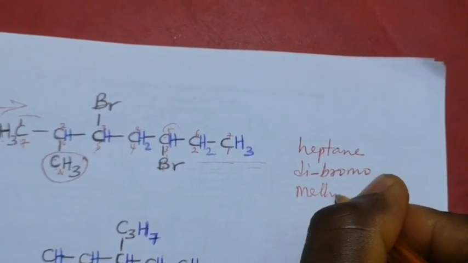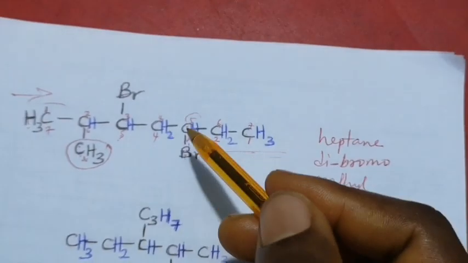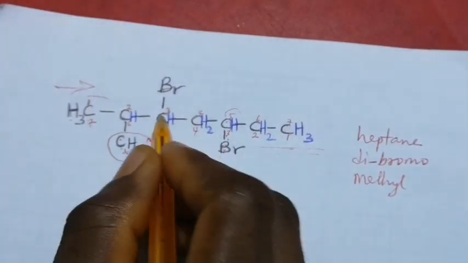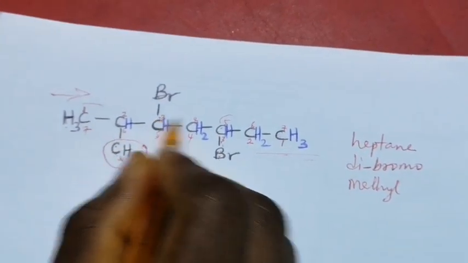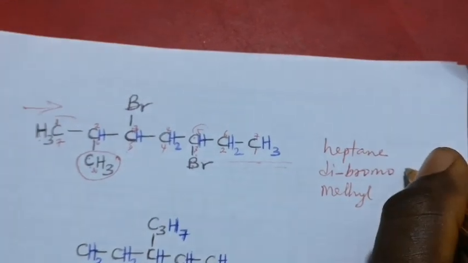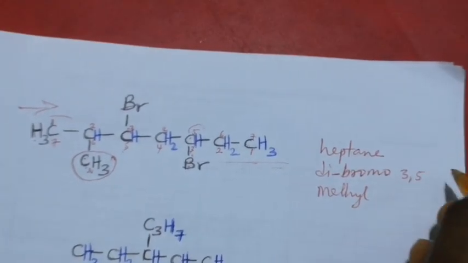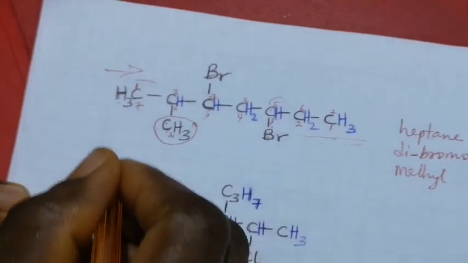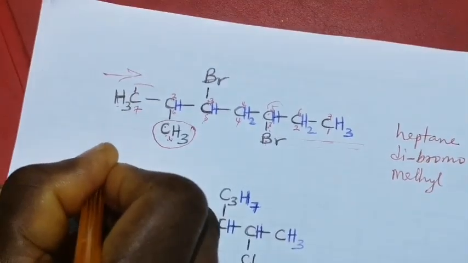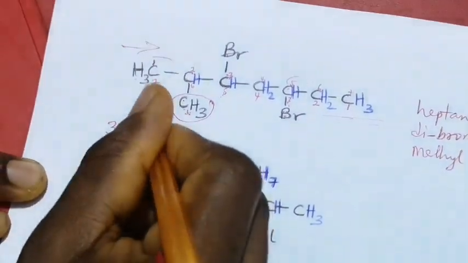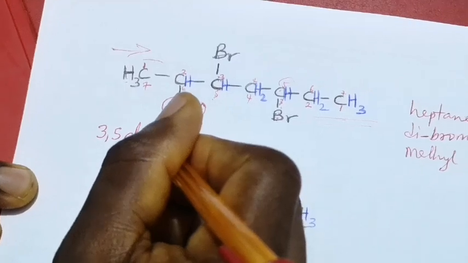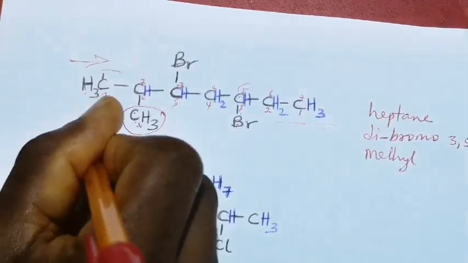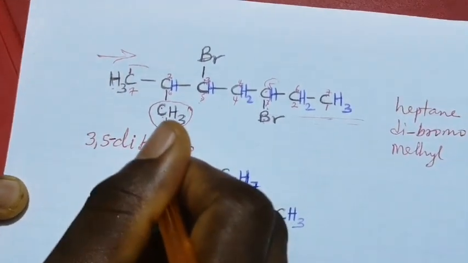Then we now have methyl. And following this end, the bromine is at 3 and 5. Now let's name the compound. The compound is going to be 3,5-dibromo.